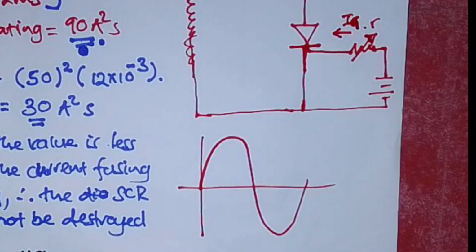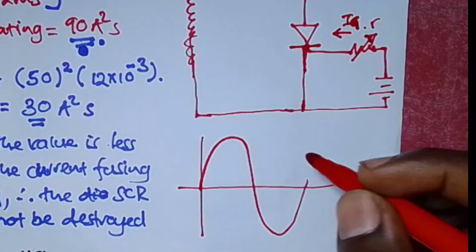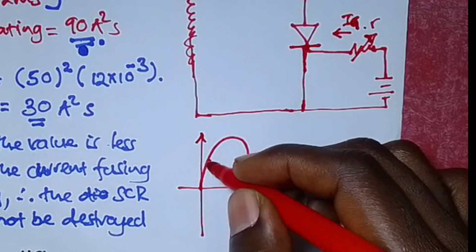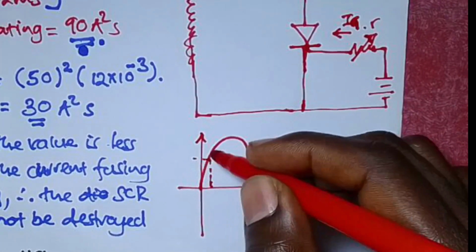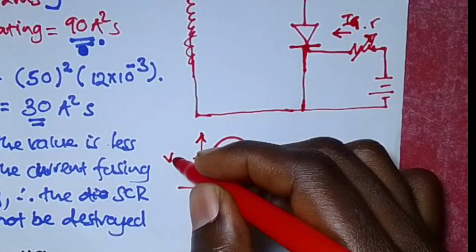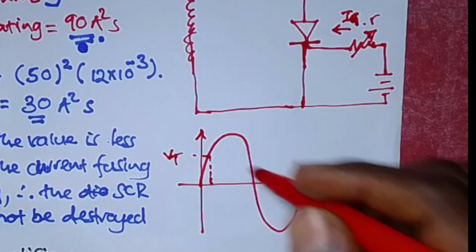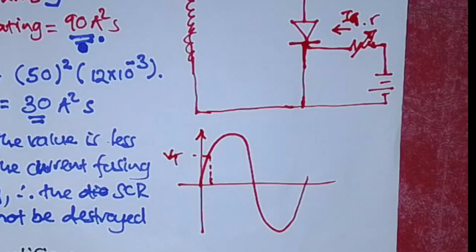Then this gate current Ig will allow my SCR to be turned on at a certain voltage, a triggering voltage V trigger. So my output will not be on until the voltage reaches my V trigger, my triggering voltage.